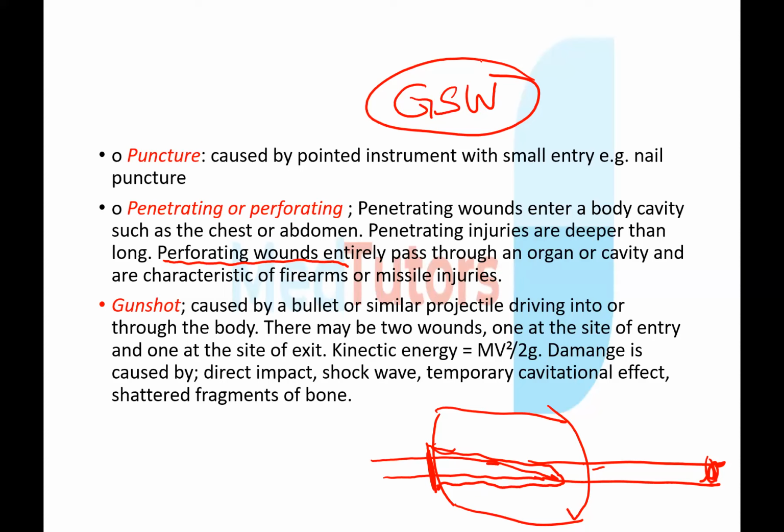or an organ. Usually the exit wound appears larger than the entry wound. And the kinetic energy of the movement of a trajectory bullet injury is determined by the mass and the velocity of the bullet.